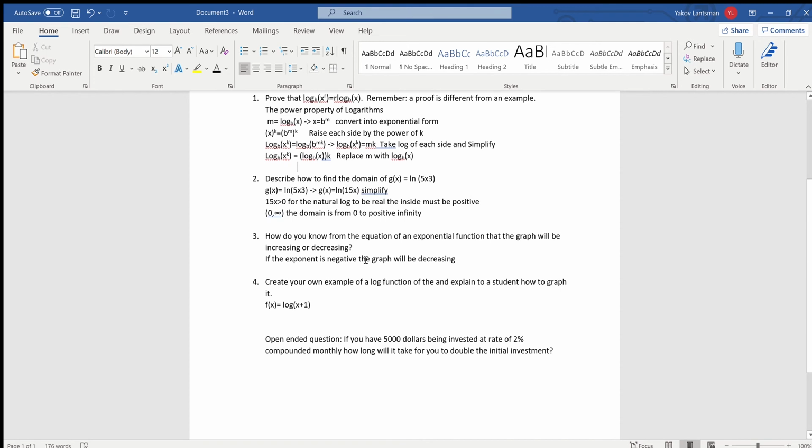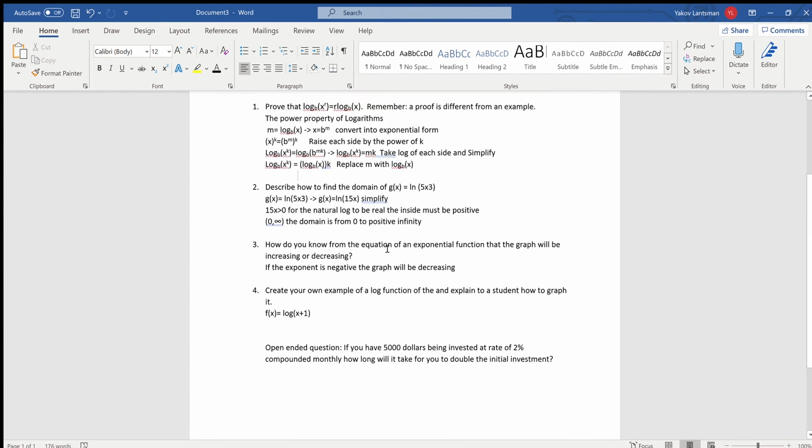Question number 3 is, how do you know if the equation of an exponential function is going to be increasing or decreasing? Basically, all you have to do is see if the exponent is positive or negative. If your exponent is negative, the graph will be decaying or decreasing, and if it is positive, the graph will be increasing.